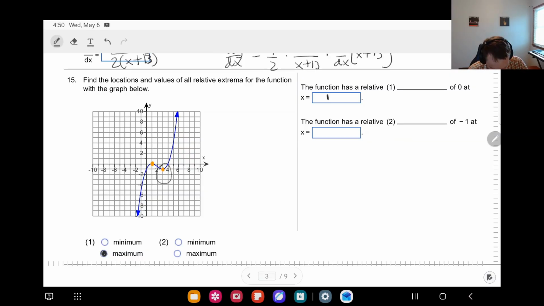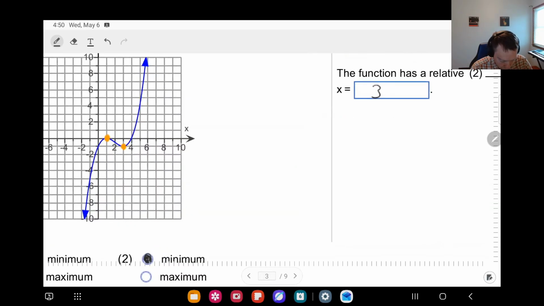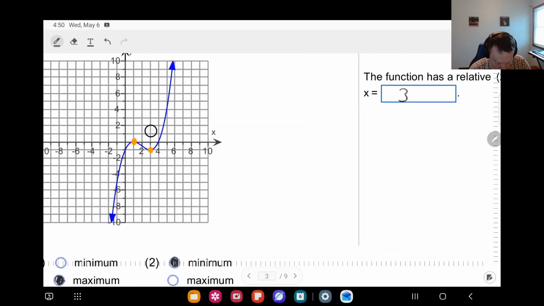Now this other point here, that is a y value of -1, so that's the value. That's a minimum. It's a low point. So we have a relative minimum of -1 at x equals 3. That's the location we're at, the x value here.